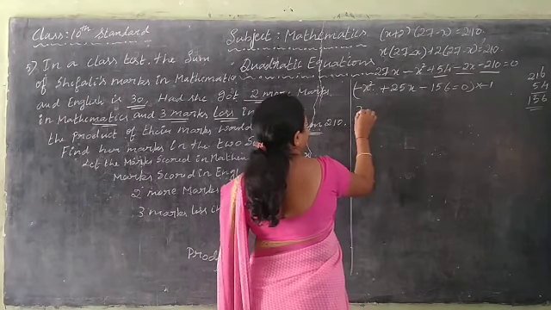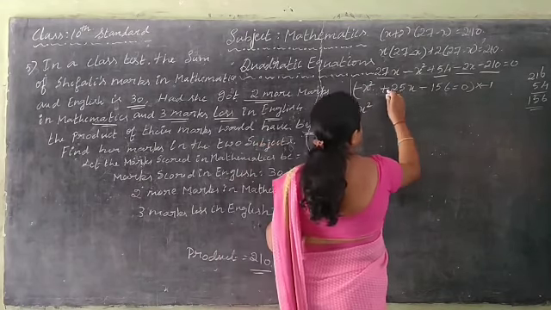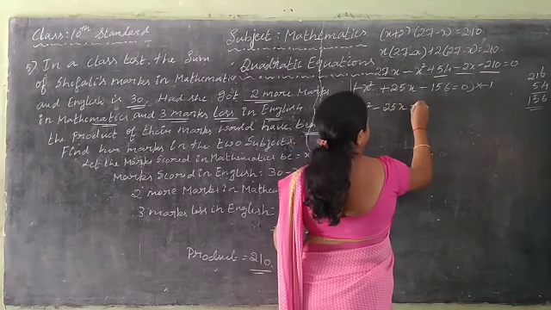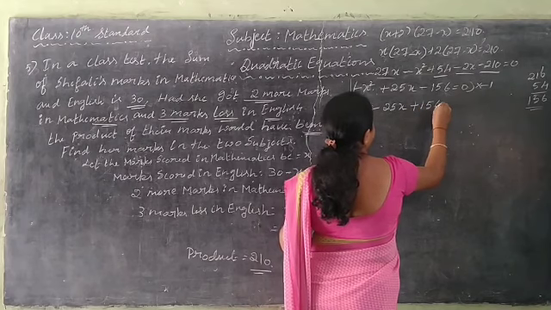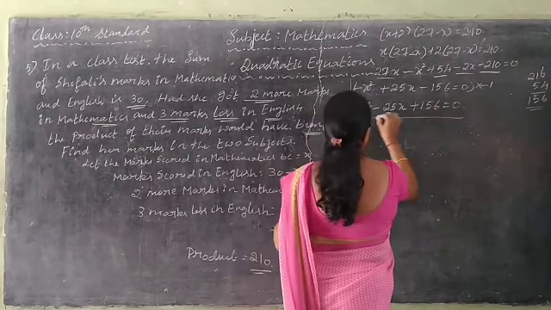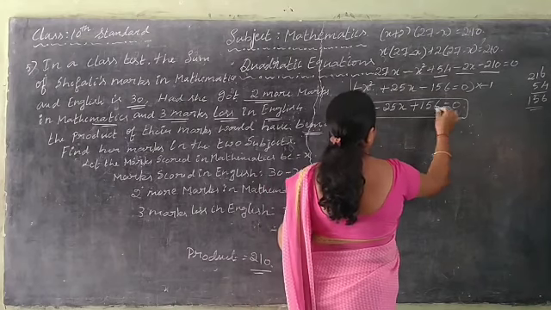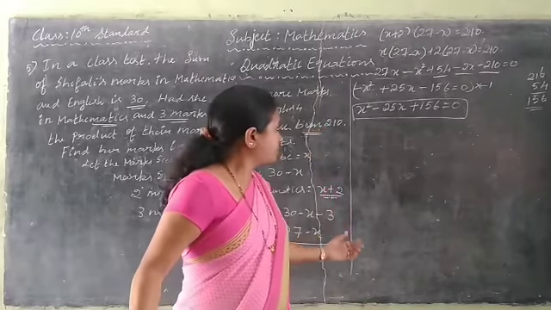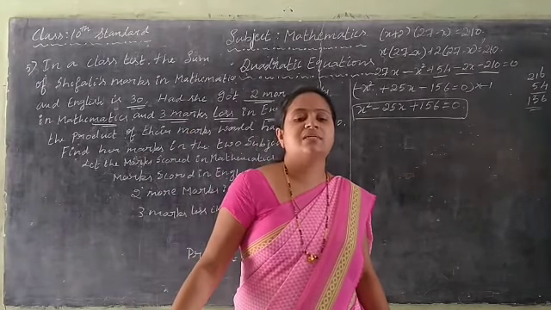Minus into minus is plus. Here minus into plus is minus 25x. And minus into minus is plus 156 is equal to 0. So this is the quadratic equation: x square minus 25x plus 156, children.